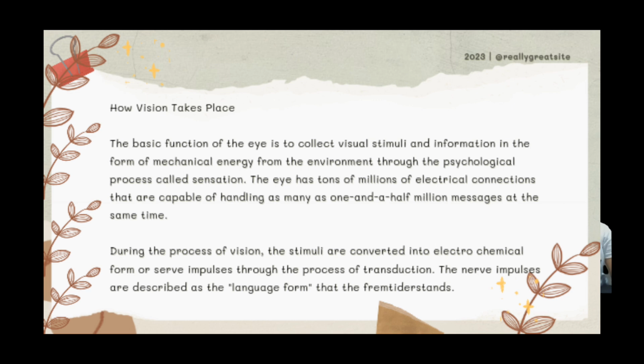So there are three conditions for vision to take place. First, the eyes are stimulated by light rays or illumination, which is in the form of mechanical energy. The second is that the light rays are reflected from objects in the visual field.